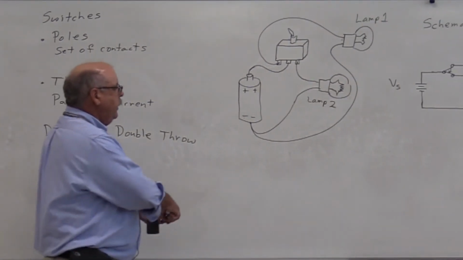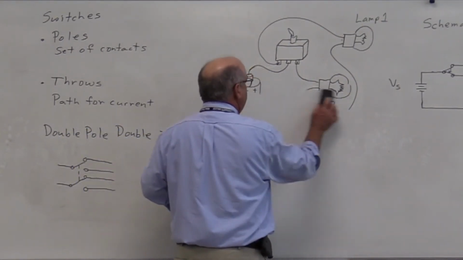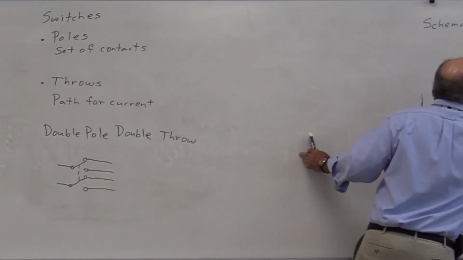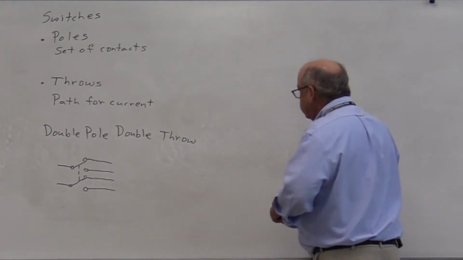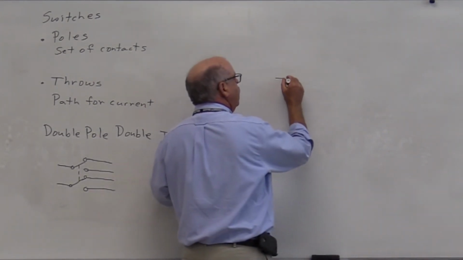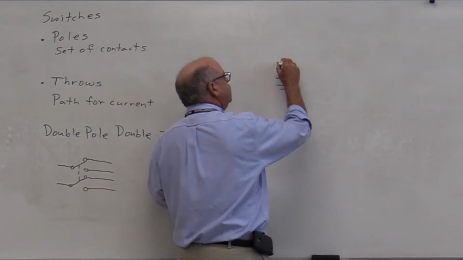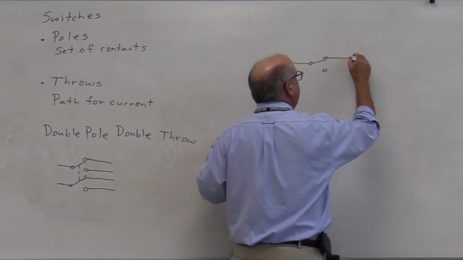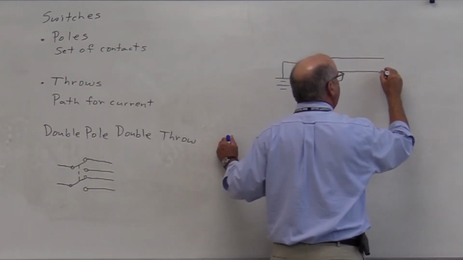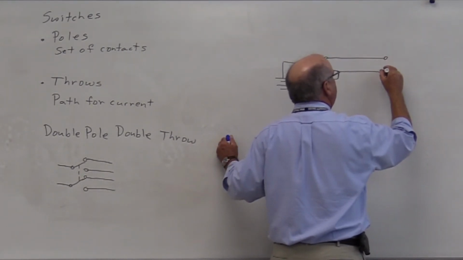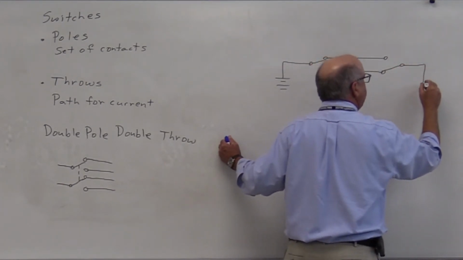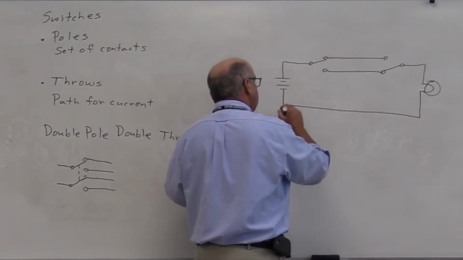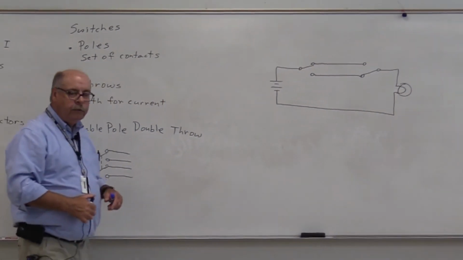Now, one interesting application for the double throw switch is in your homes where you have one switch at one end of the hallway and another switch at the other end of the hallway. And you can close either switch or open either switch and always change the state of the light bulb.